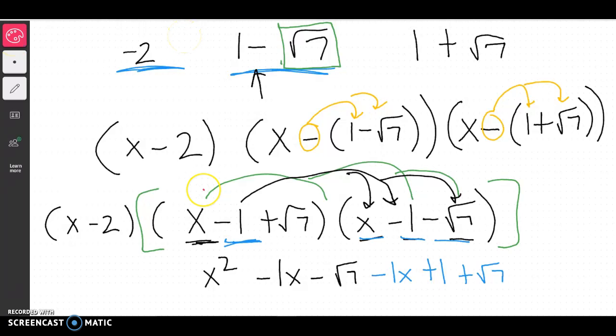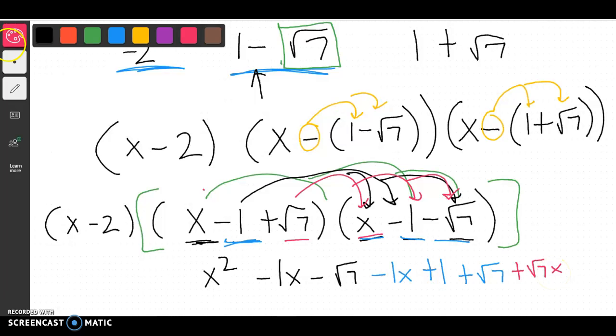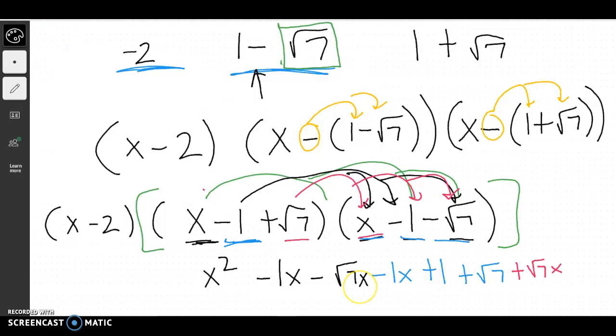Let's FOIL the last three things, which would be this. So radical 7 times x is positive radical 7x. I forgot that x from before that I just realized.